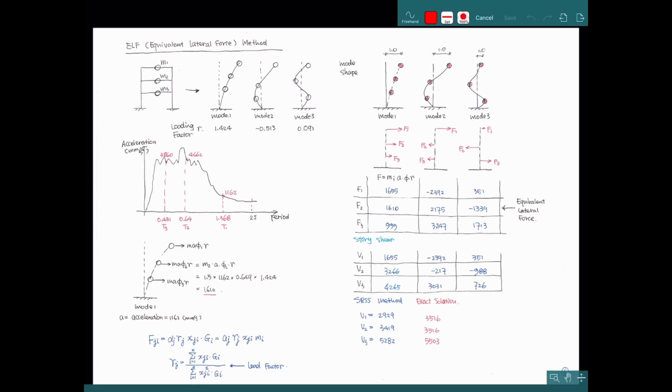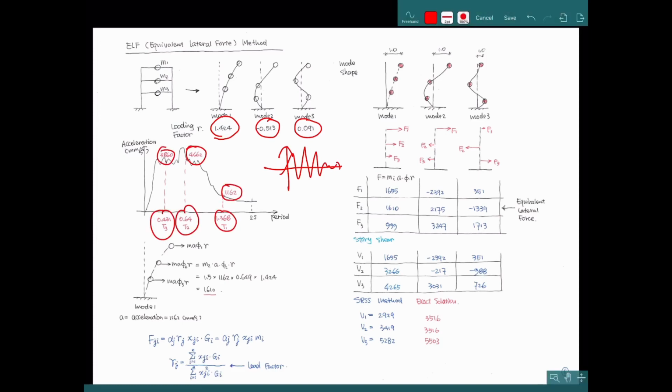At the very beginning, we know that after we have a modal analysis, we can capture the different modes, periods, and mode shapes. After we get the ground motion, we can generate the acceleration spectrum. For different modes, we can find the different maximum accelerations. And if we run the mode shape analysis, we can capture three mode shapes.